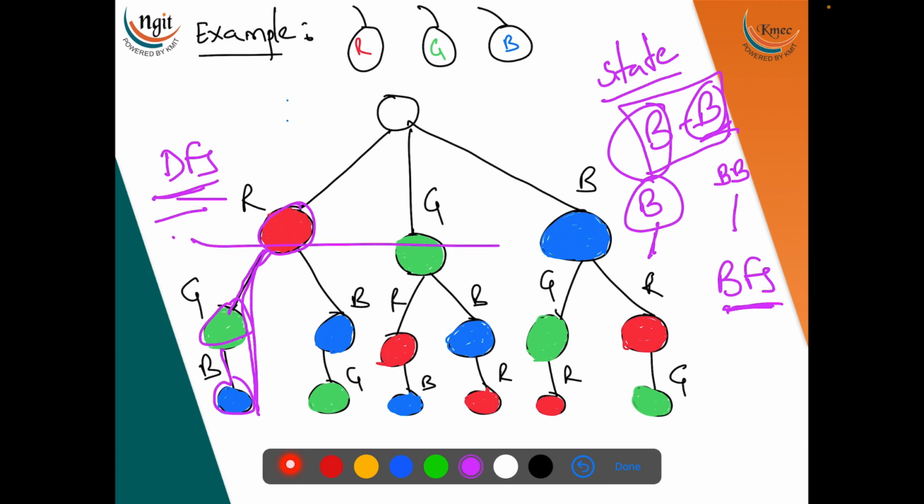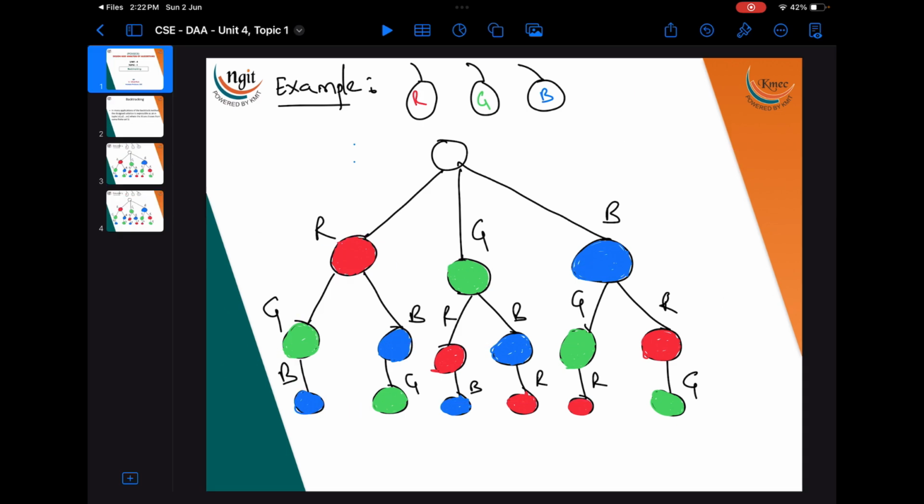That means breadth-wise. First we put the red color, then green, then blue. Then again we'll check the possibilities. So branch and bound will use BFS, and backtracking will use DFS.